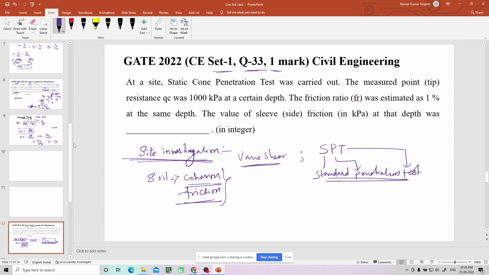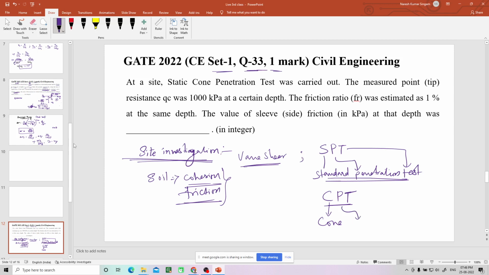I don't know whether they have introduced it recently, because when I was in my BTech this was not there. That is CPT. CPT was not there in my BTech. Maybe as this question is asked, you must have been taught in this generation. Anyway, that CPT is called cone penetration test.